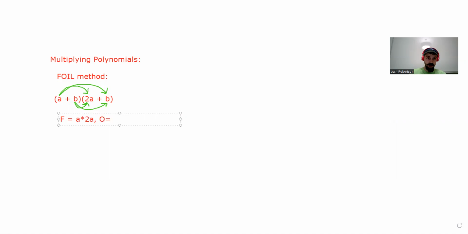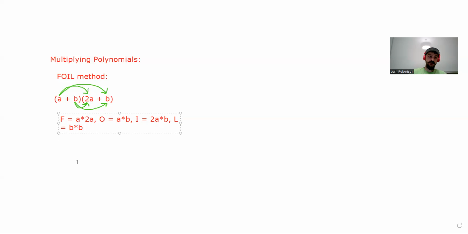O equals a times b, right? I is equal to 2a times b, and L is equal to b times b, right?